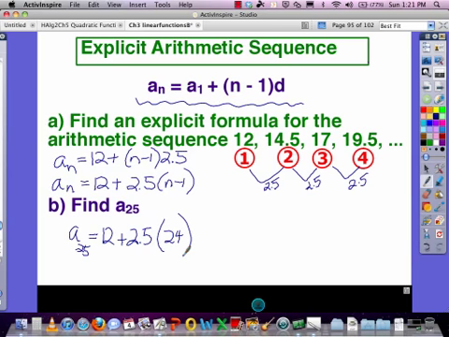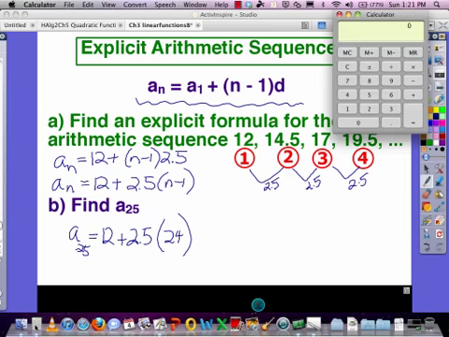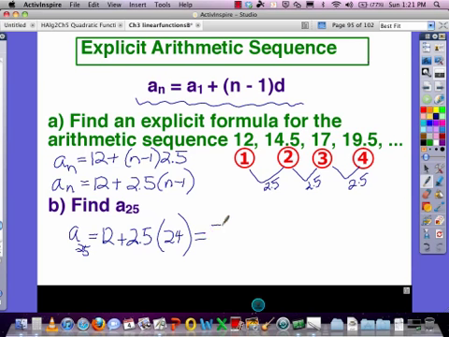You do the math, get out your calculator, and we need 2.5 times 24, and then add 12 to that, and we should have our final answer. The 25th term in this sequence came out to be 72. That's all there is to it.